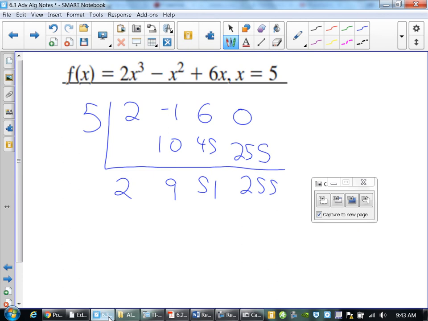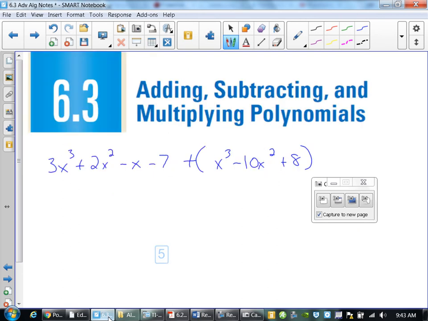Okay. Here's the other part of today. There's more. For real. Oh no! Adding, subtracting, and multiplying polynomials. Oh no! It's so scary. So scary. I know. It's painful. Oh, the horror.